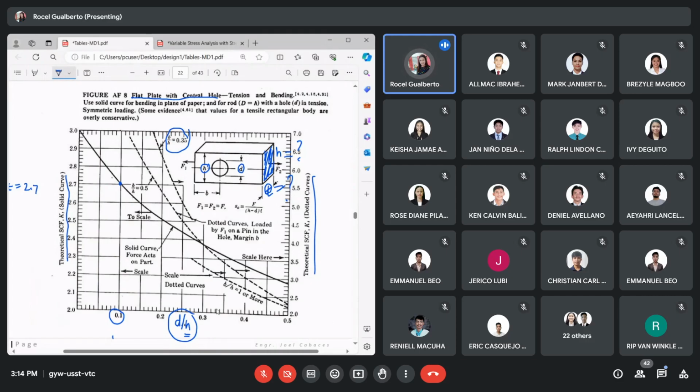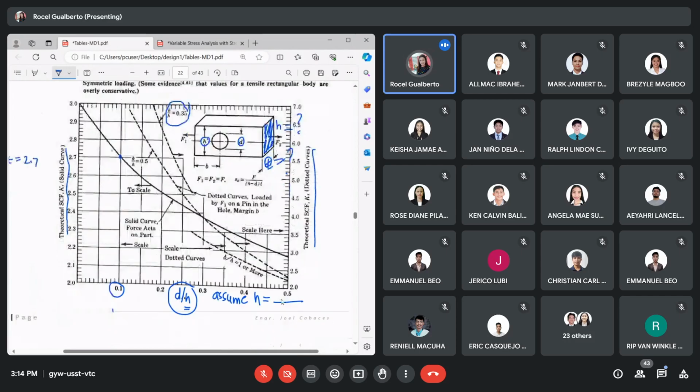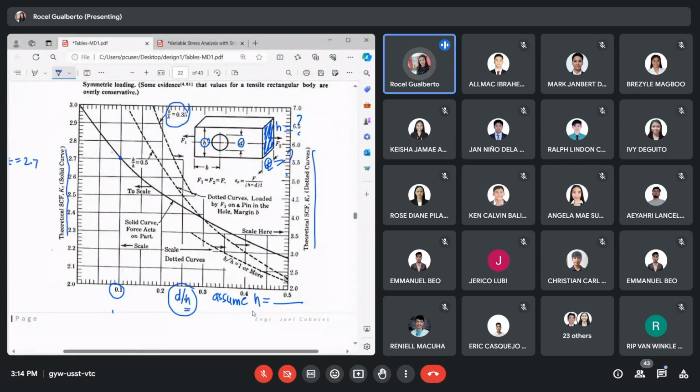Say you assume a value of h. What value of h will you assume? It can be any number, any number of h we can assume. It only needs to be realistic. Later, in our sample problem, we will see how to assume a dimension. We do not just guess randomly; we still have a scientific approach on how to assume a value.